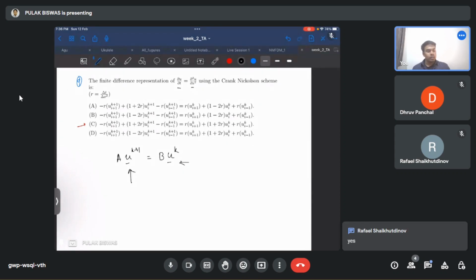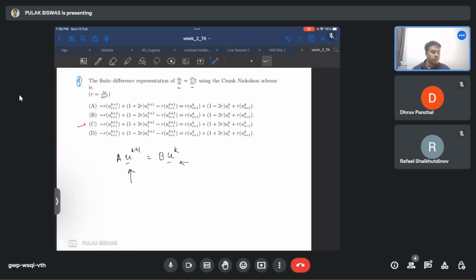So these schemes are more involving. Matrix inversion is costlier in terms of computation power.